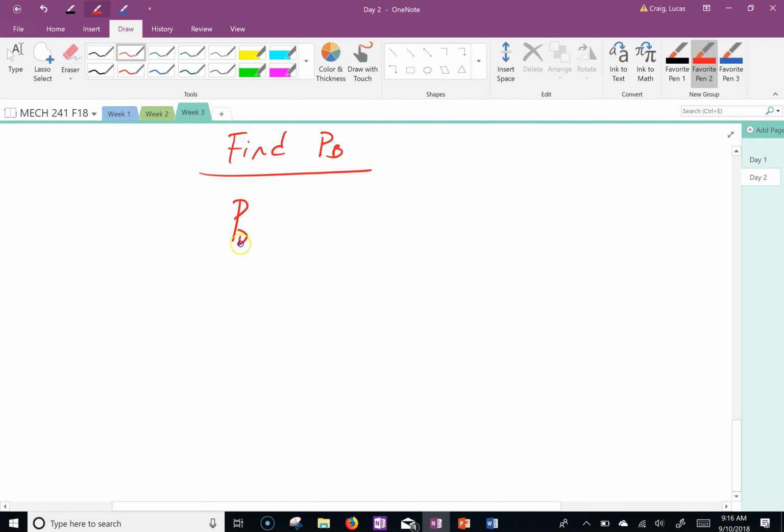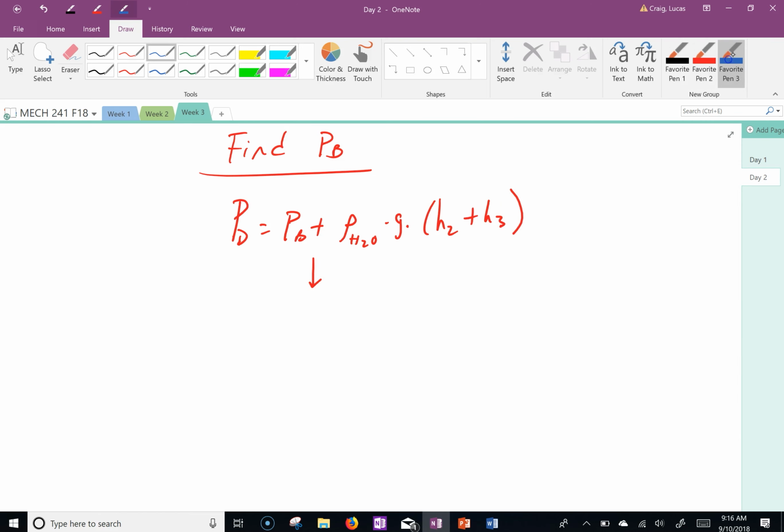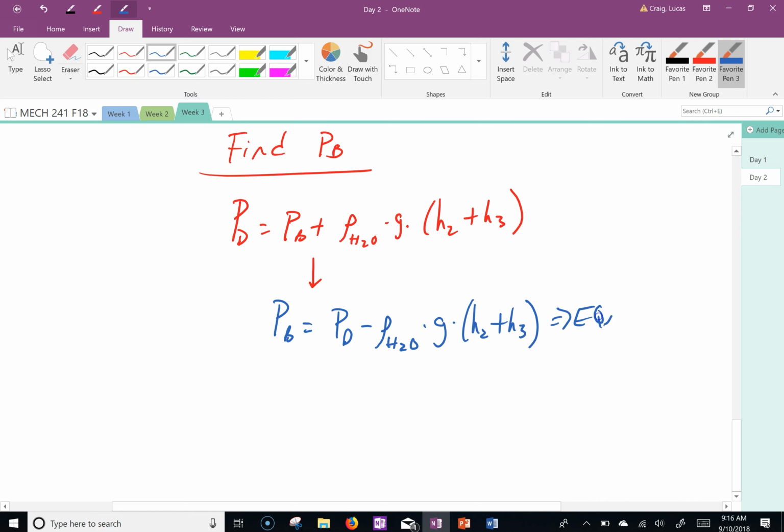So PD equals PB plus rho of the H2O times G times H2 plus H3. And then here, I'll rearrange and solve for PB. And I call this equation 2.